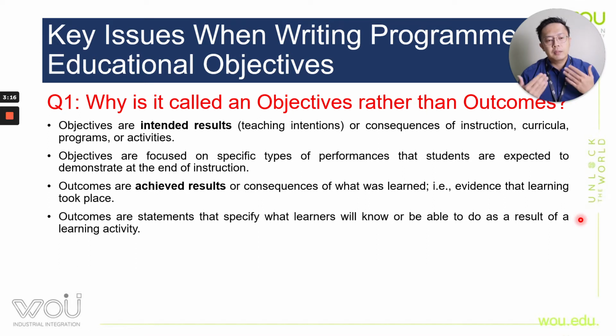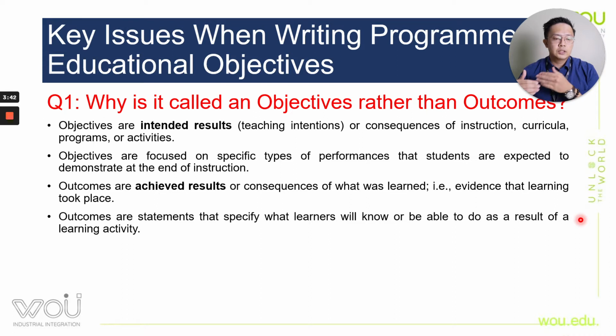For example, in the program educational objective, we might state that we want students, 4 to 5 years after graduation, to possess business analytic skills to help them make business decisions. I'm speaking from my background, which is a business context. Outcomes you will state differently. For example, at the end of the course, I expect my students to use SPSS to perform a regression analysis.